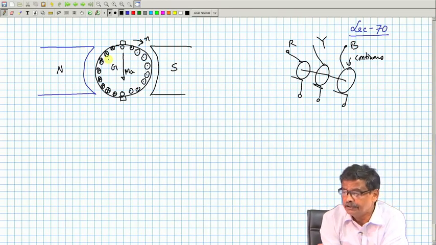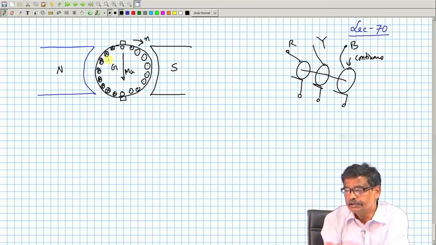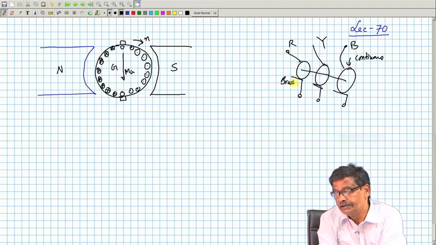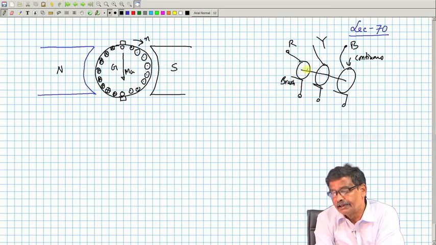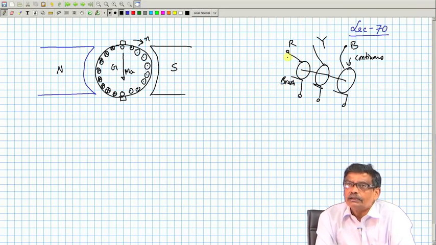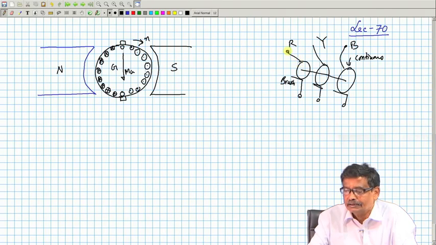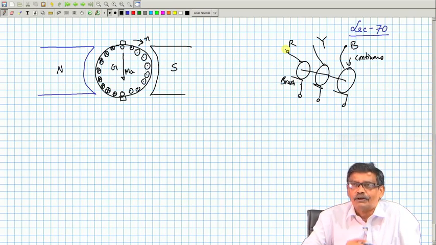What is the fundamental difference between these two connections? Here each terminal, each brush in this machine, is always connected to a particular coil end. As the coils move, it is always connected to that fixed coil, one side of a fixed coil.